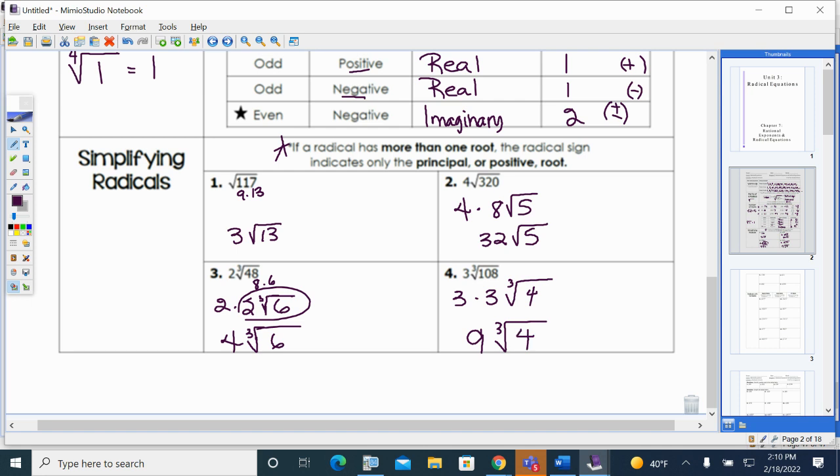Those of you that are looking for the perfect cubes, it would be a 27 times 4. So you would have broken 108 down into 27 times 4 to get the cube root of 108 to be the 3 cube root of 4.